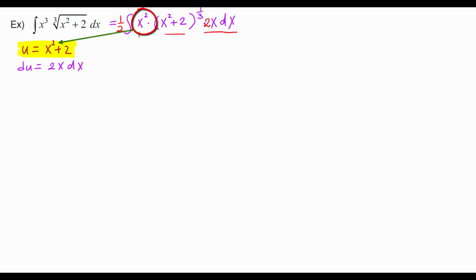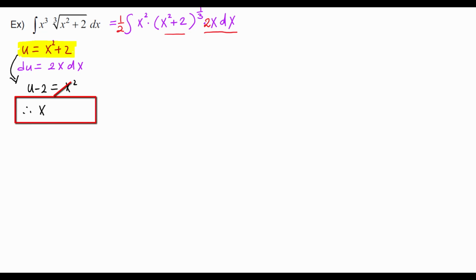So can you solve for x squared that you want to replace it by? No problem. All you have to do is subtract 2 from both sides. When you subtract 2 from both sides, you get u minus 2 equals x squared. So you can replace x squared by u minus 2. So now I'm ready to substitute everything.